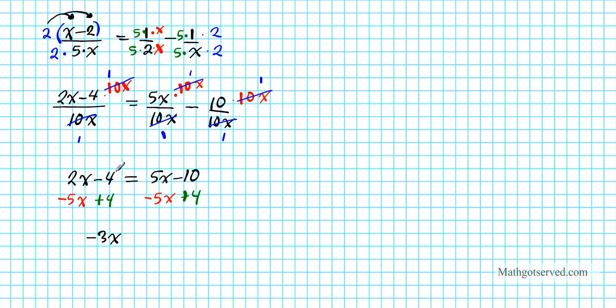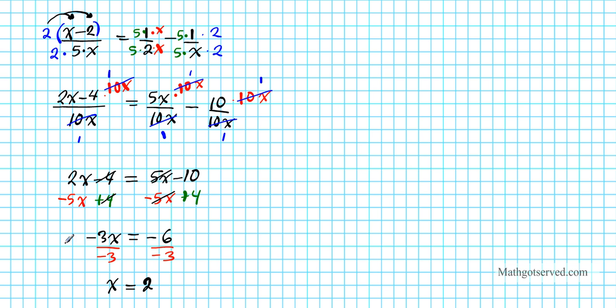These 4s add up to 0, equals, the 5x and the negative 5x add up to 0. Negative 10 plus 4 is negative 6. All right, so we'll go ahead and divide both sides by negative 3 to get x isolated. So our final answer is x equals 2.